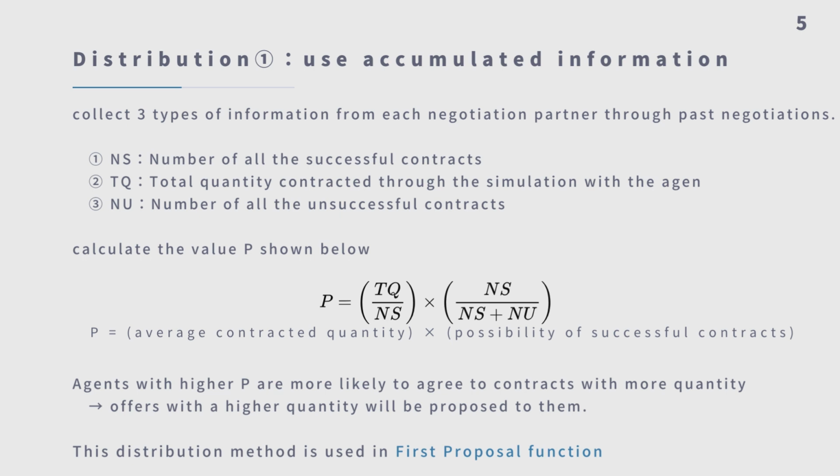This P value represents an expected value of how much quantity the partner agent is likely to accept. In this method, my agent estimates that agents with higher P are more likely to agree to contracts with more quantity, so offers with a higher quantity will be proposed to them. This distribution method is used in first proposal function.